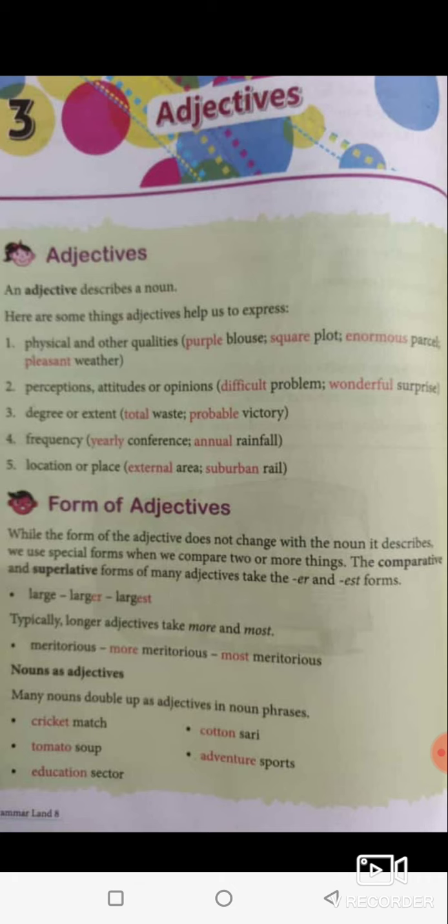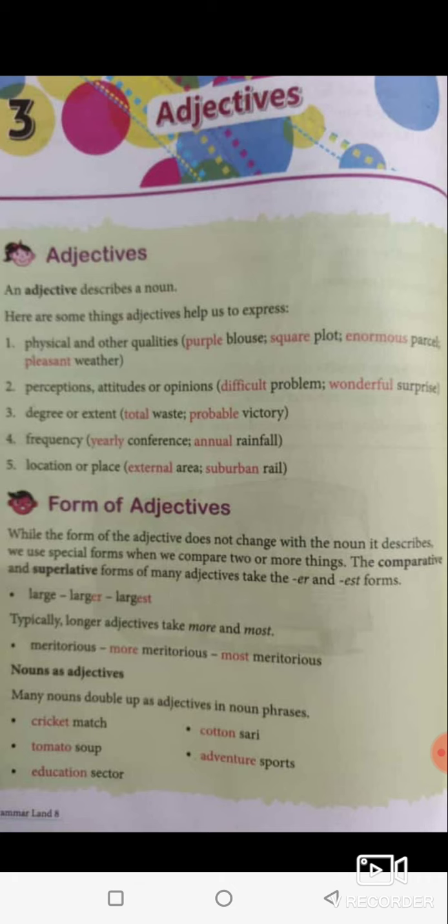The fourth one is frequency. Frequency usually talks about time, like weekly or monthly or daily, yearly, all those. Yearly conference. Annual, again, once a year. Rainfall, every year it happens. Annual rainfall. Location or place, where it is situated.